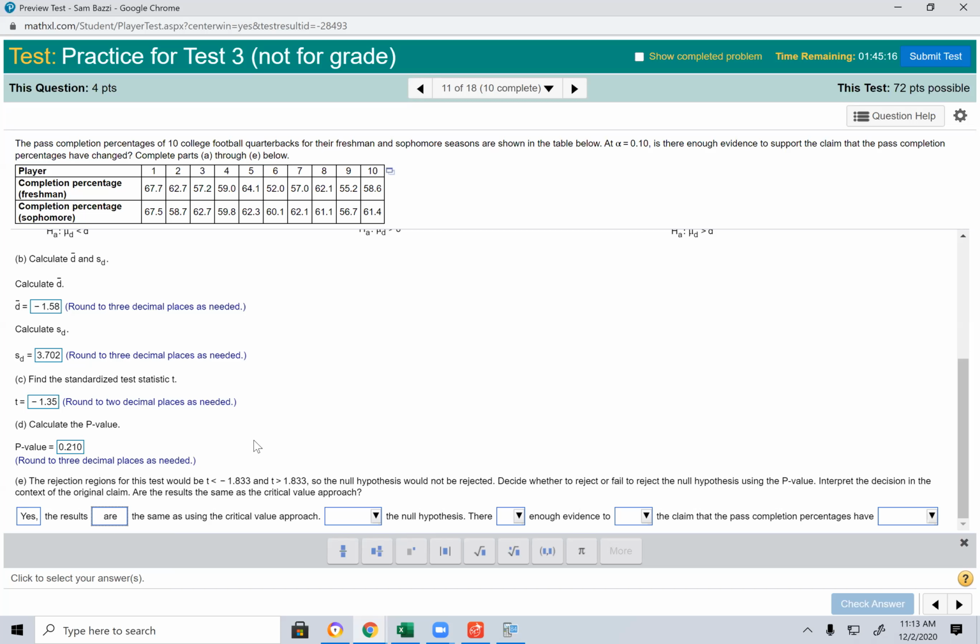The results of using the p-value are always the same as using the critical value approach. So we fail to reject the null hypothesis. There is not enough evidence to what? Change. Change means the claim is in HA, so there is not enough evidence to support the claim that the completion rate has changed. Here you go, guys.